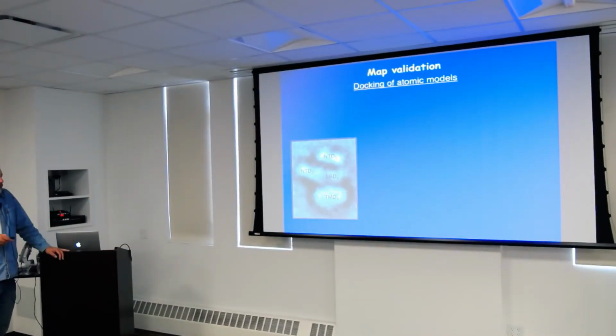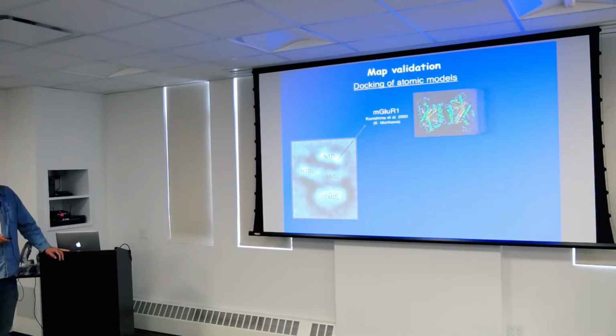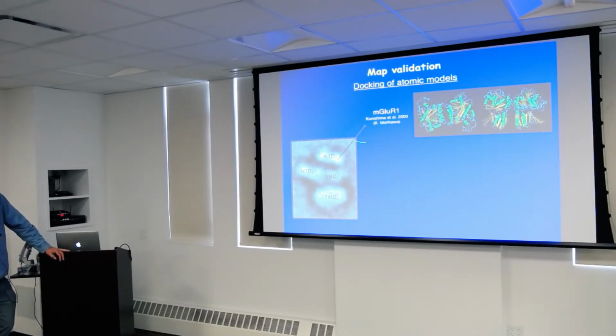This is very low resolution again, many years ago. This is the AMPA receptor. We knew that there's the transmembrane domain, ligand binding domain, and the N-terminal domains. There were crystal structures only for the N-terminal domain of a different homologous protein, so we knew what it could look like. We had a crystal structure for this domain, which looked like this.